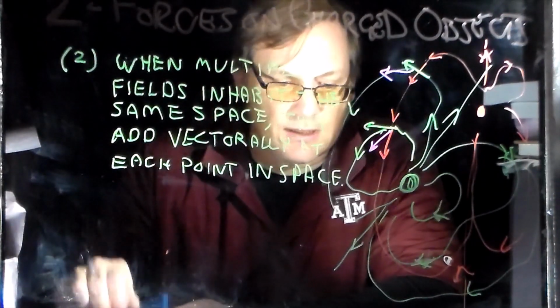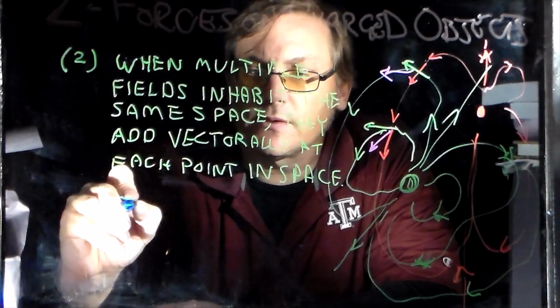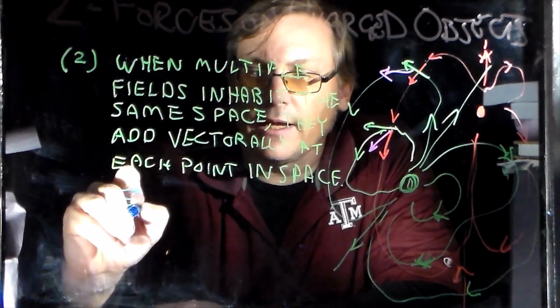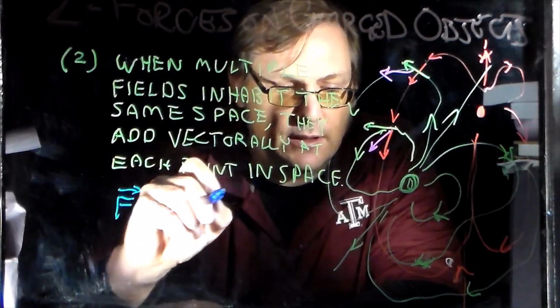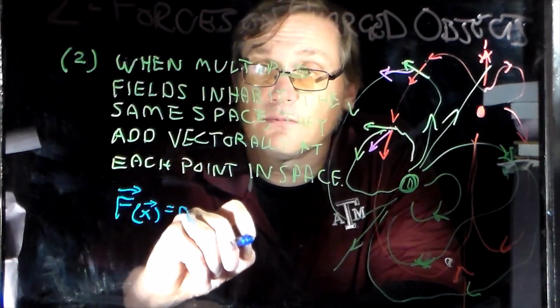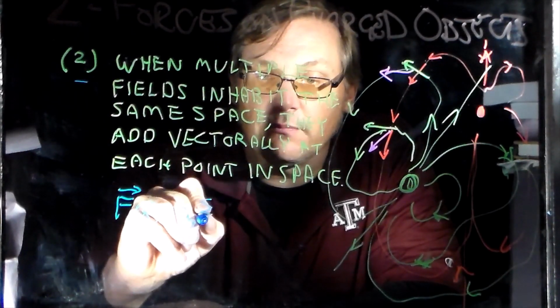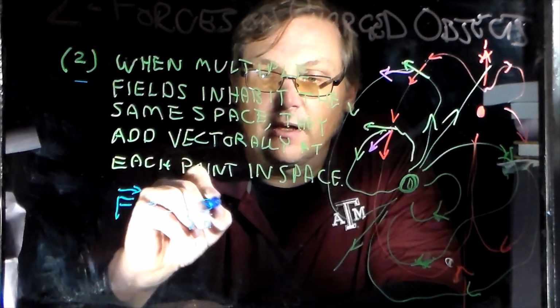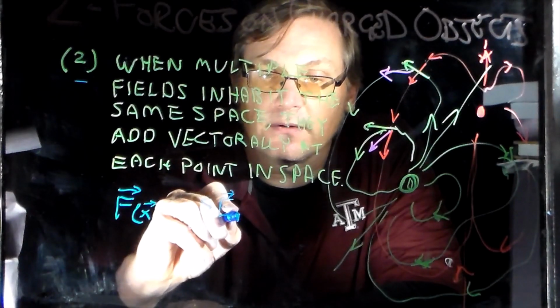And so, like I said, you can do that one of two ways. You can say, okay, the force at any point x is equal to the charge on the object, just like we did in the last video, in part 1, times the sum of each of those fields produced by different sources.